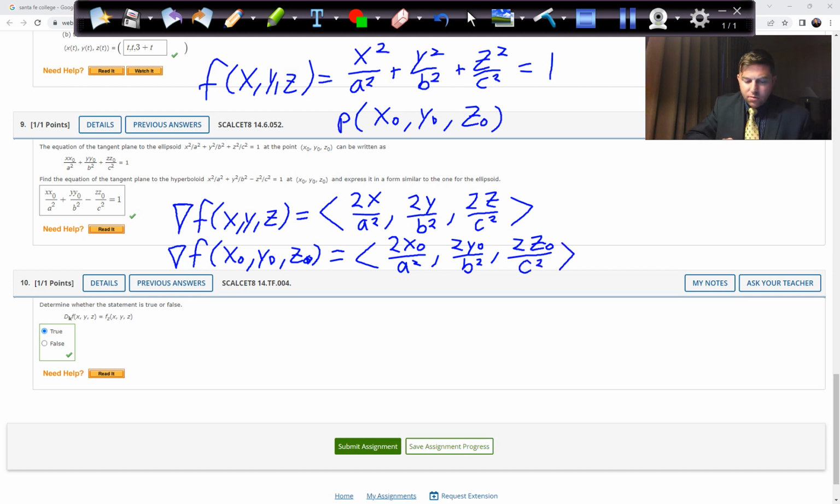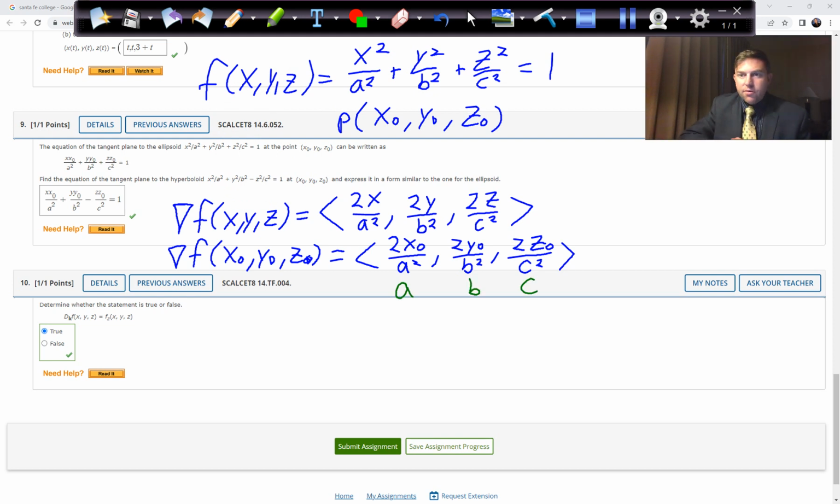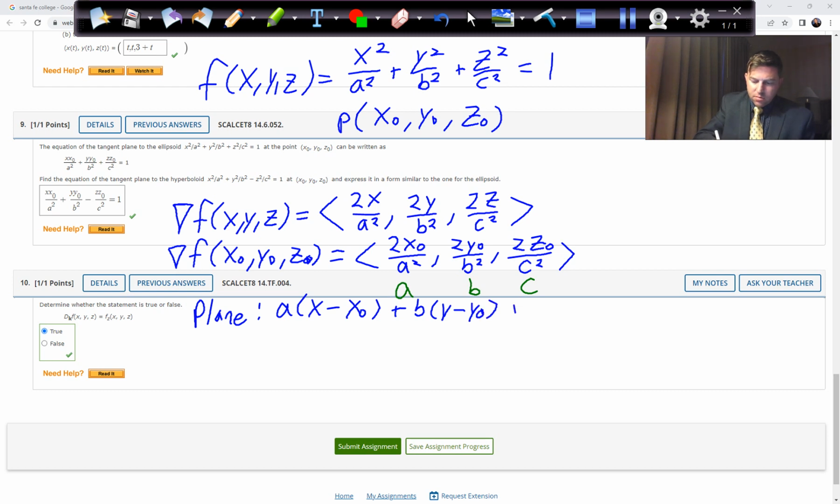And if you recall, and I definitely need color here, those are going to be a, b, and c, the letters in front of the plane equation. So the plane equation, let's write it again, was a times x minus x0, plus b times y minus y0, plus c times z minus z0. All that equals 0.